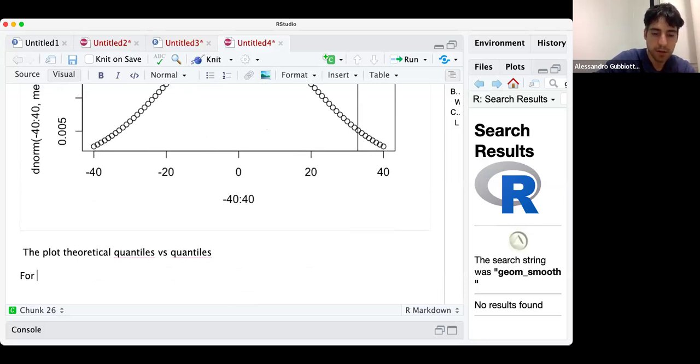For each alpha, it plots a point on the x-axis given by the quantile qnorm of alpha.